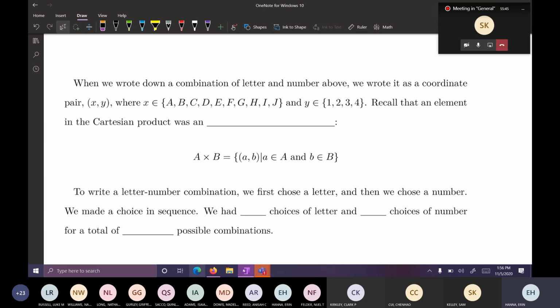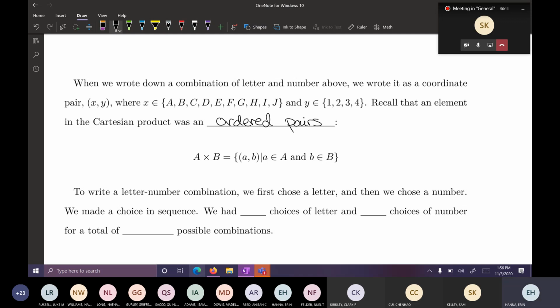And the elements of a Cartesian product were written as ordered pairs. So we could think of these ordered pairs as part of a Cartesian product between the set of letters and the set of numbers. If I created a new set of the Cartesian product between those two sets, that would give me all of the choices that we were just looking at.